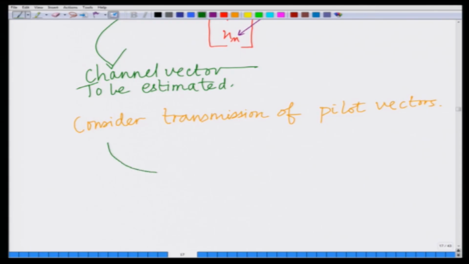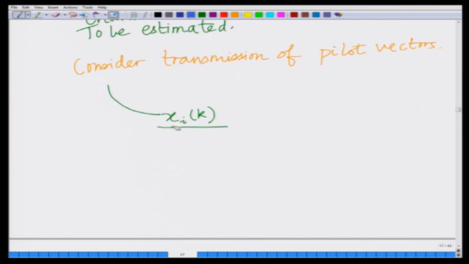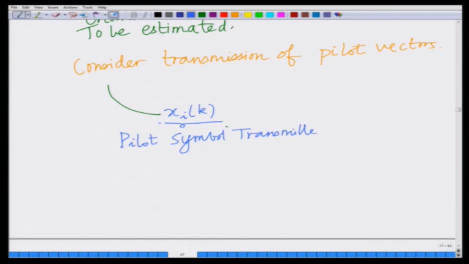Let us say we denote by xi of k the pilot symbol transmitted from the ith antenna at time k.